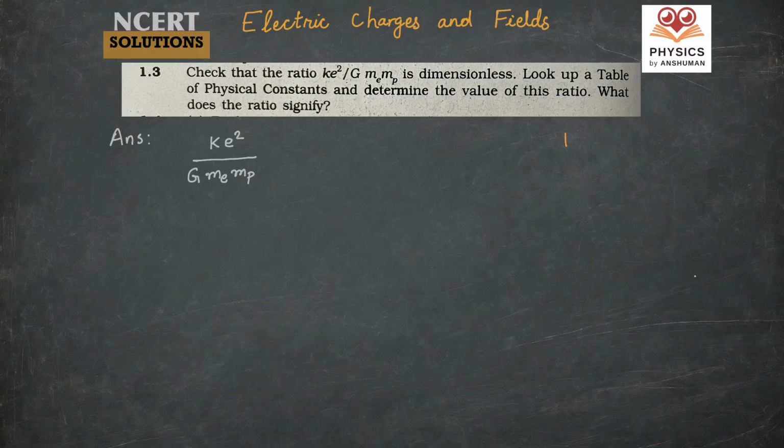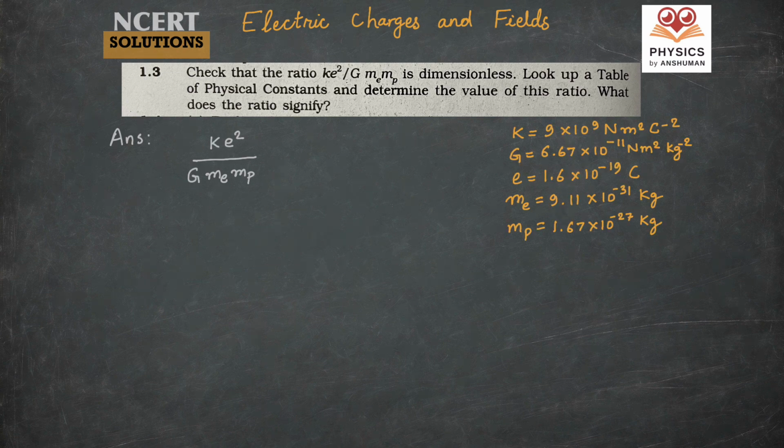Here, k and G are the proportionality constants. k is for the electrostatic force and G is for the gravitational force. e is the charge on an electron, and that is 1.6 × 10^-19 coulomb. m_e is the mass of the electron and m_p is the mass of the proton. Using a table of physical constants, you can write the values of all these entities.